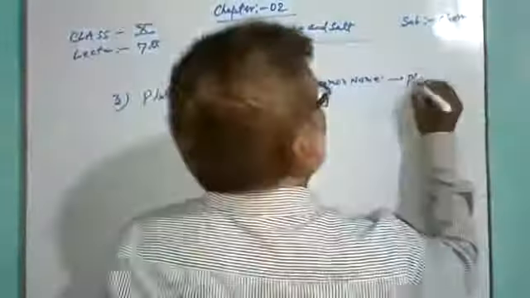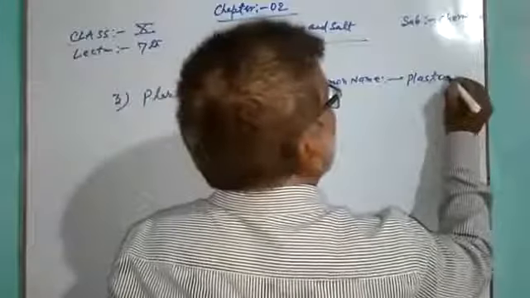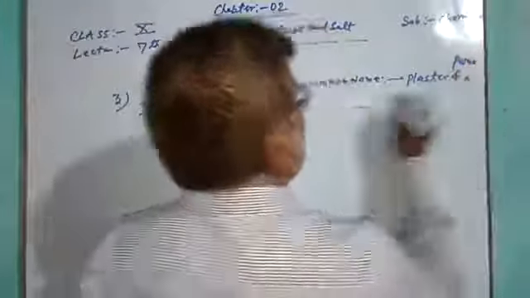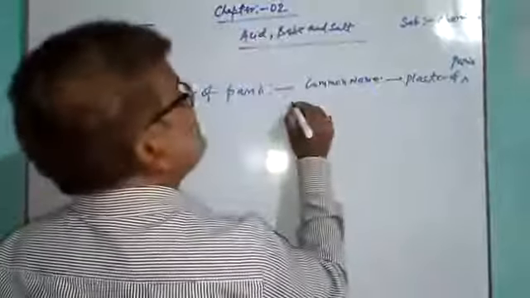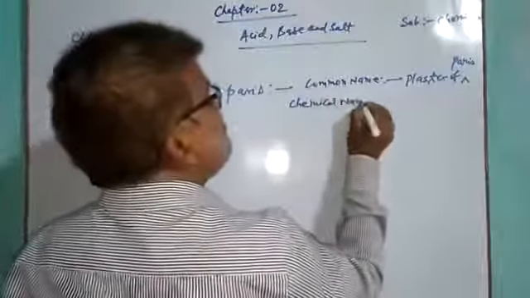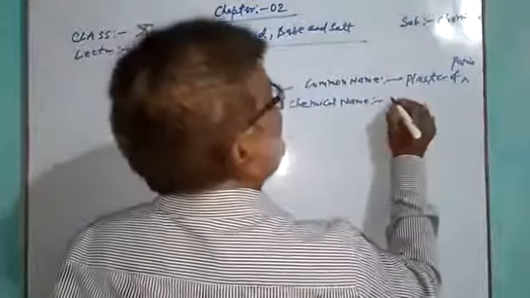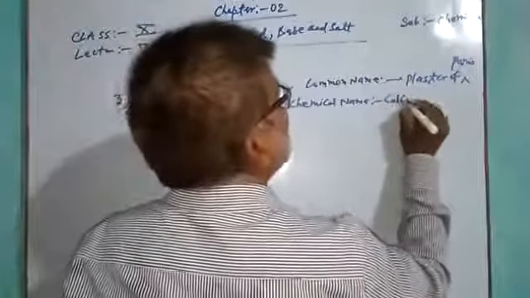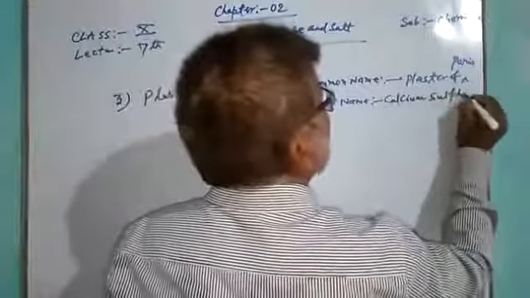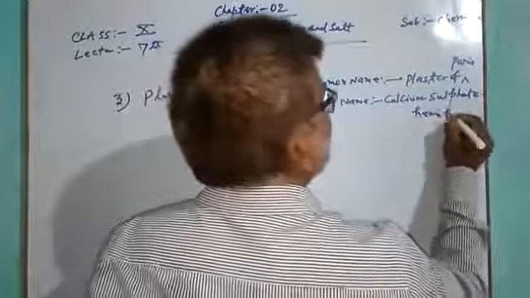Common name: plaster of Paris. Chemical name: calcium sulfate hemihydrate.